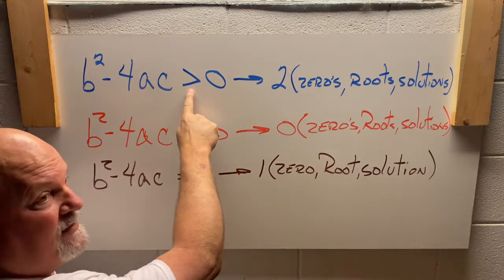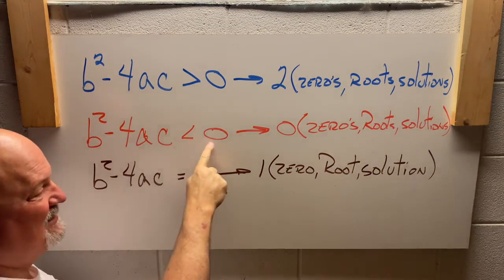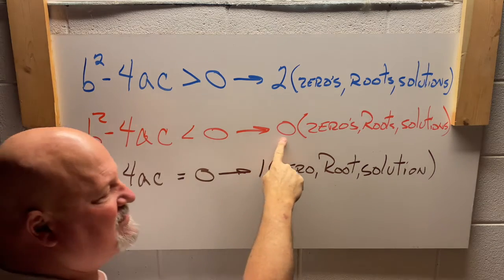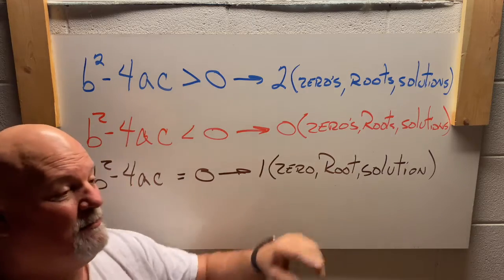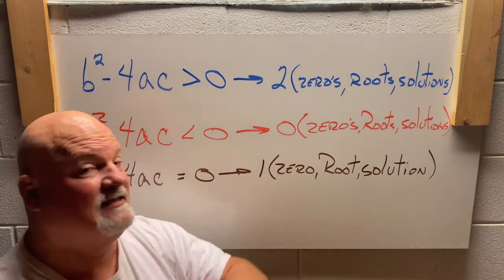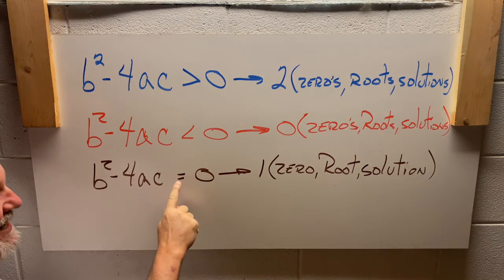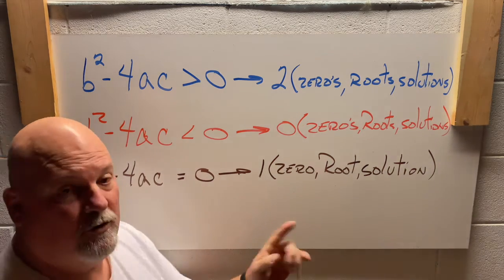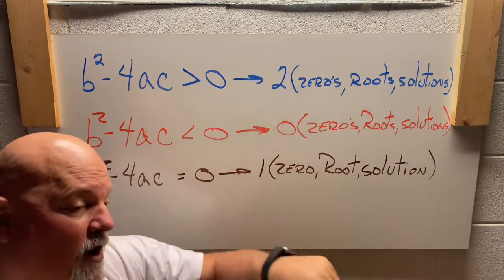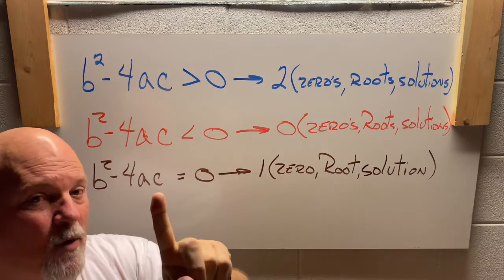If b squared minus 4ac is less than 0, that means I have 0 zeros, 0 roots, or 0 solutions. That means the parabola is not going to cross the x-axis at all. And finally, if b squared minus 4ac equals 0, that means I have 1 zero or 1 root or 1 solution. That means when I draw the parabola, it's just going to touch the x-axis at one point.